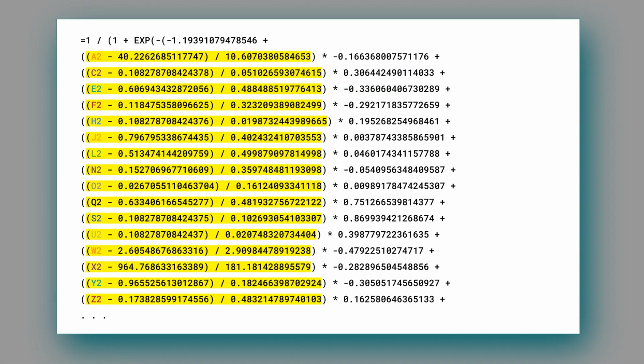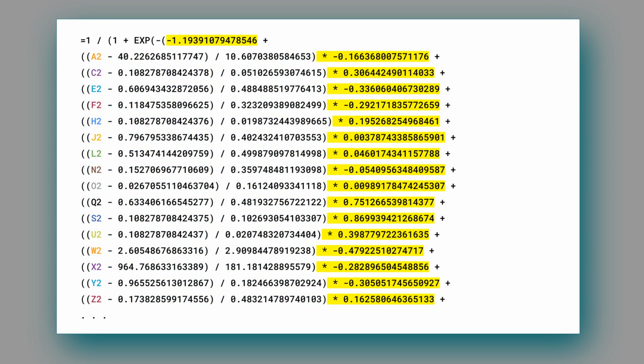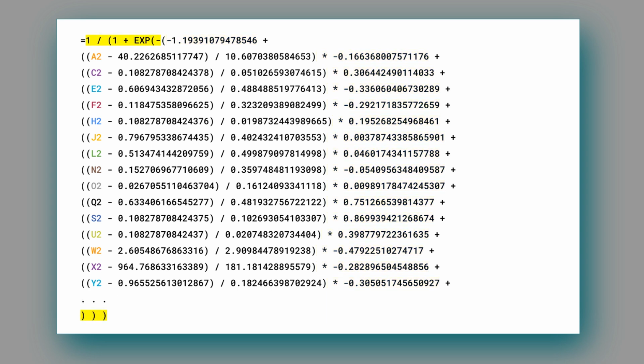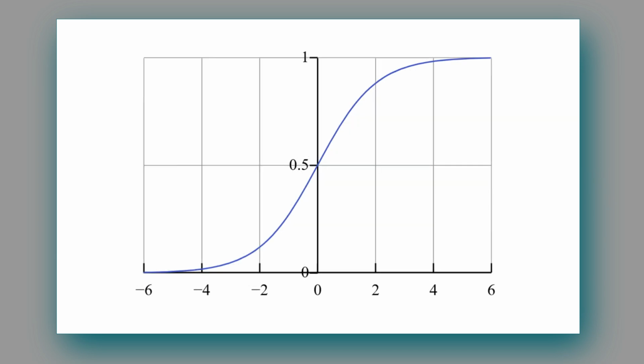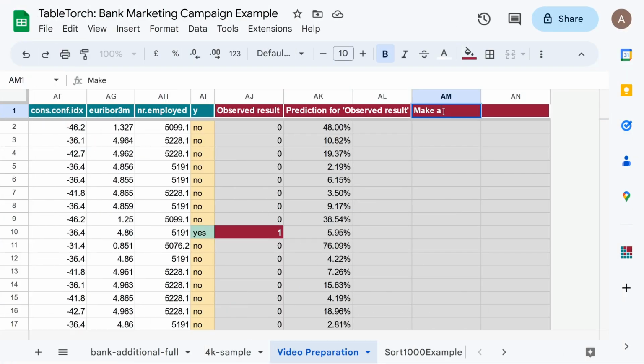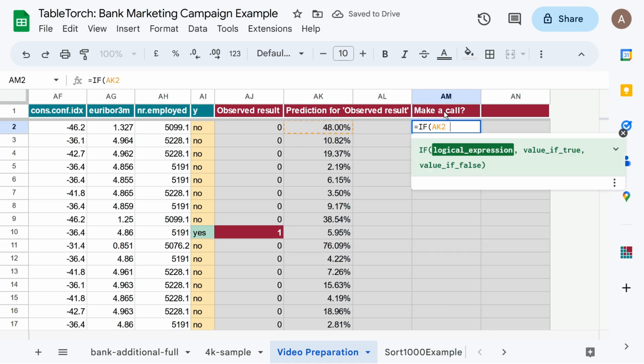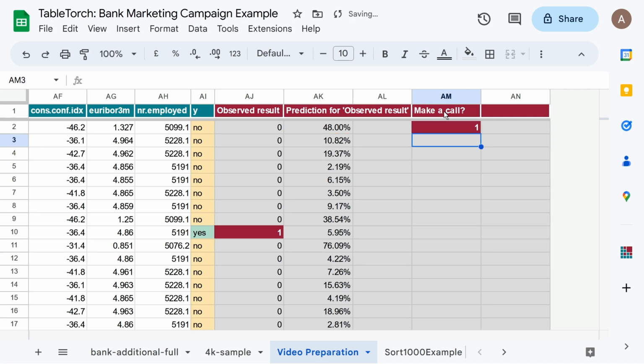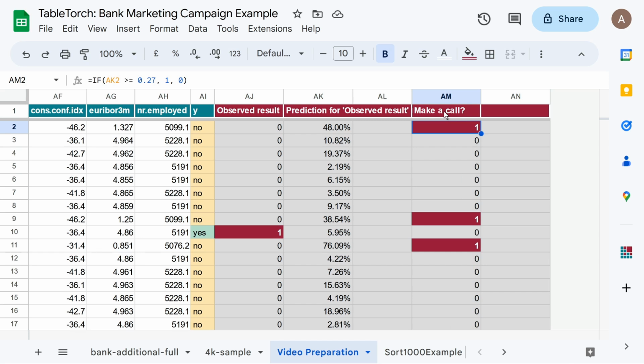It applies standard scaling to the input features, then multiplies variables by their respective coefficients and processes the result with a logistic function to output the final estimate between 0 and 1 that roughly represents chances of a row to be of class 1. Let's add a binary classifier column, make a call, with the following formula. That's it! We've just built a binary classifier.